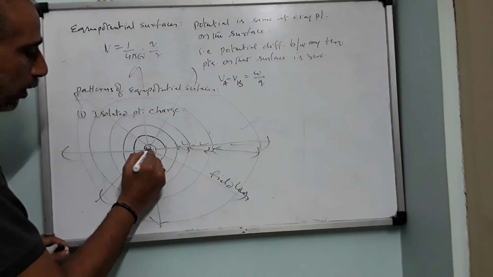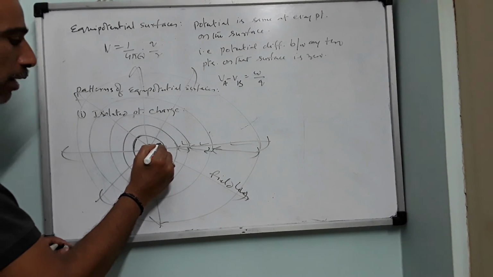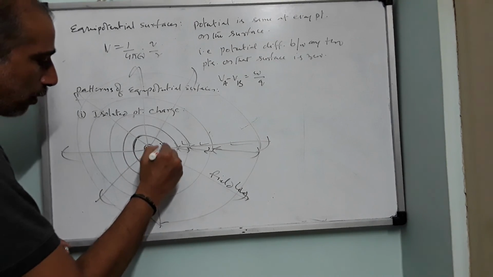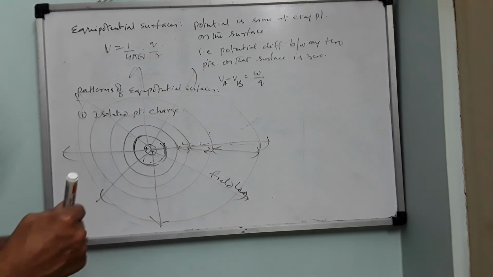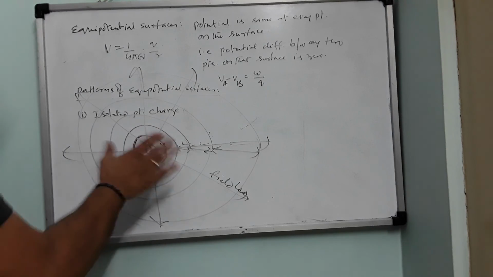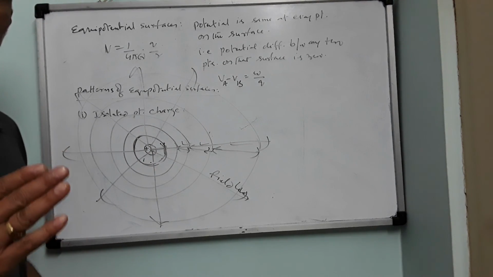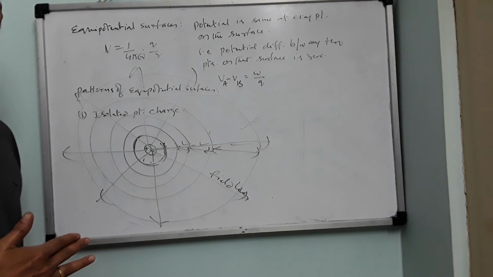Every field line is the radius of a particular circle or equipotential surface, and you know that the angle between the radius and the circumference is always 90 degrees. Therefore I can make another statement: equipotential surfaces exist perpendicular to electric field lines. I repeat, equipotential surfaces exist perpendicular to electric field lines.